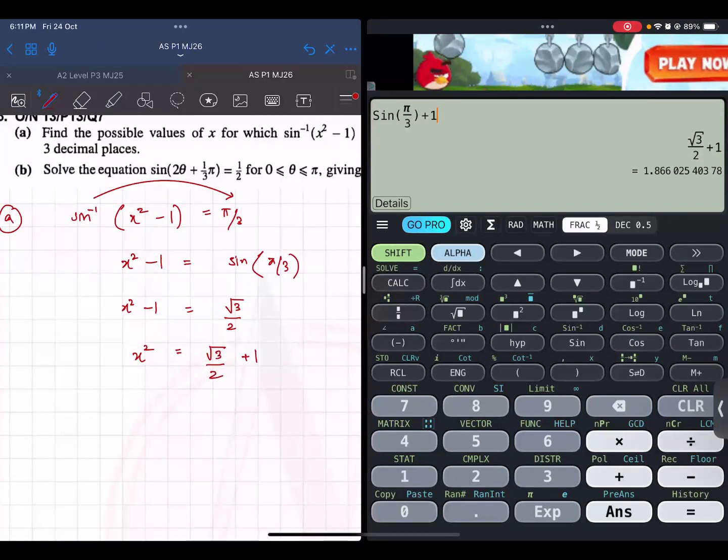And then correct to 3 decimal places. Now you will move the square to the other side, so plus minus square root of this complete thing.